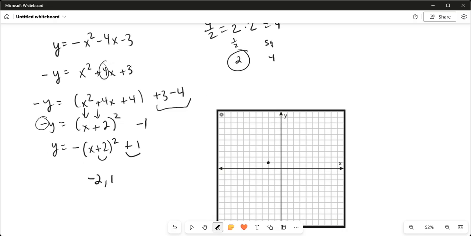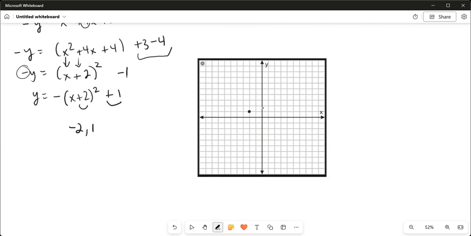And our y-intercept is a negative 3. So that's where it's going to go through on the coordinate plane. So 1, 2, 3. So here's our axis of symmetry. And this is 2 places over, so it's going to go right through here. All right. Hope that helps.